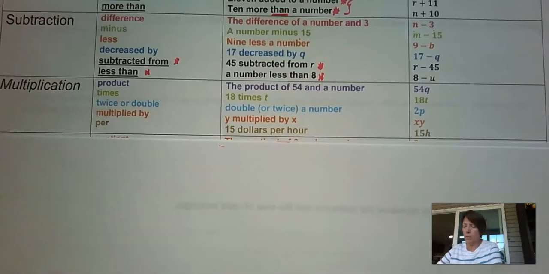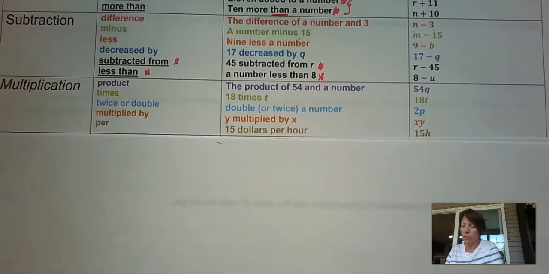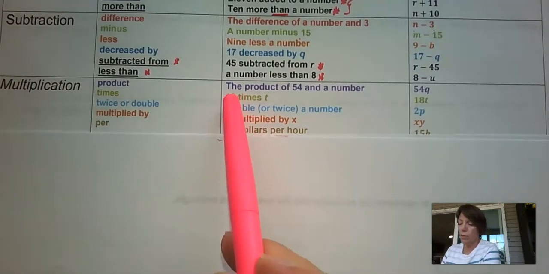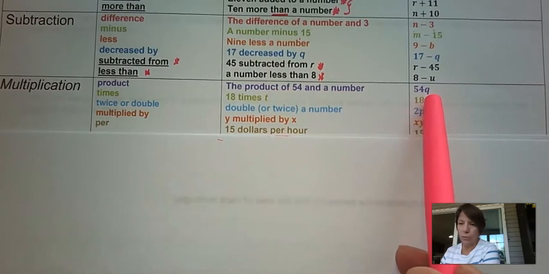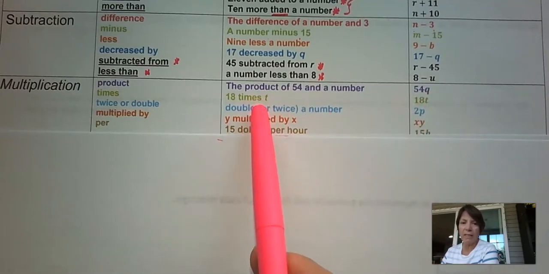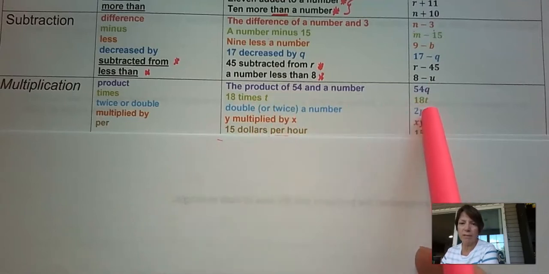All right, let's look at multiplication words. We've got words like product, which is the answer to a multiplication problem, times, twice or double, multiplied by, and per. So the product of 54 and a number, 54q. Remember, we don't need a multiplication symbol when we have a variable and a number together. We know that means multiply. 18 times t, 18t.